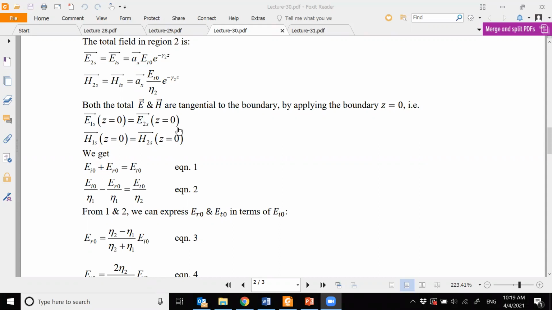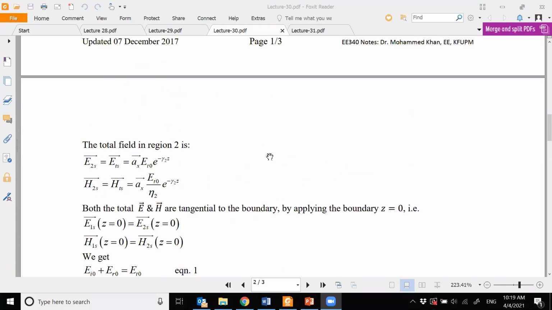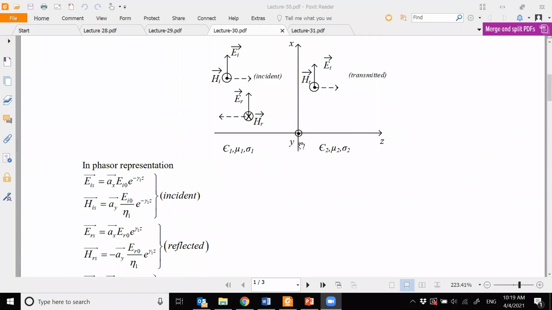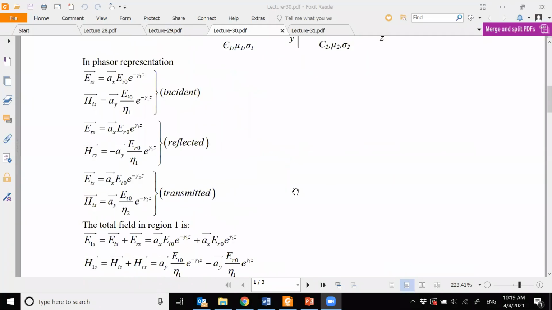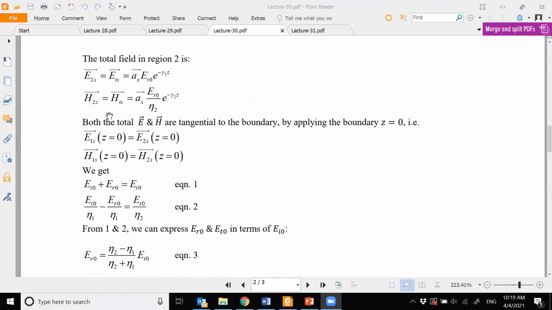It will be continuous at the boundary. So where is our boundary situated? My boundary is situated at x equal to 0, sorry, at z equal to 0. Therefore, the boundary condition says that the tangential component of electric field in medium 1 and in medium 2 must be equal at the interface, that means at z equal to 0.